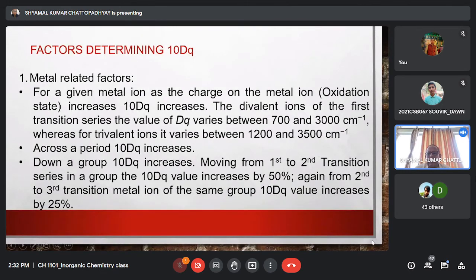In general, it has been found that for divalent ions of the first transition series, the Dq value varies between 700 to 3000 centimeter inverse. That means the 10 Dq value varies between 7000 to 30,000 centimeter inverse, whereas for trivalent metal ions it increases very much.